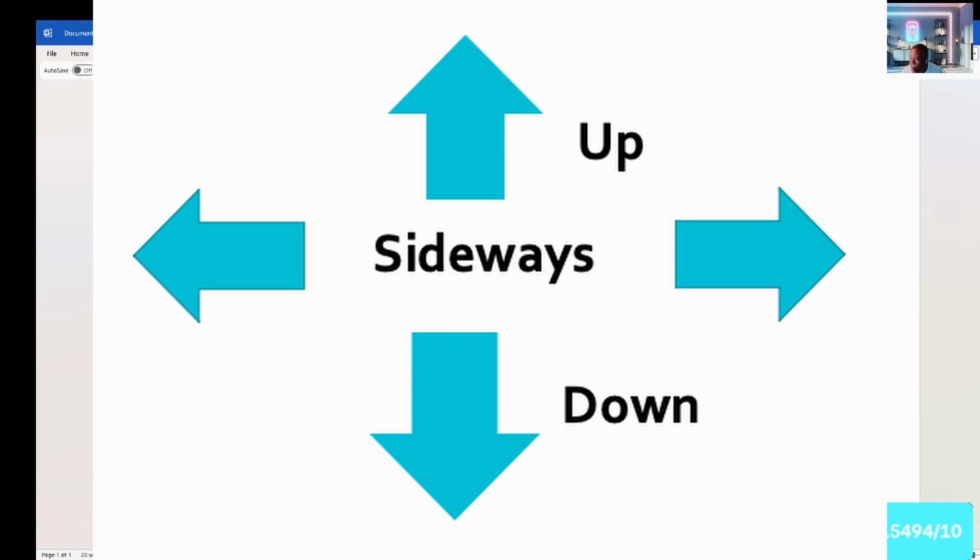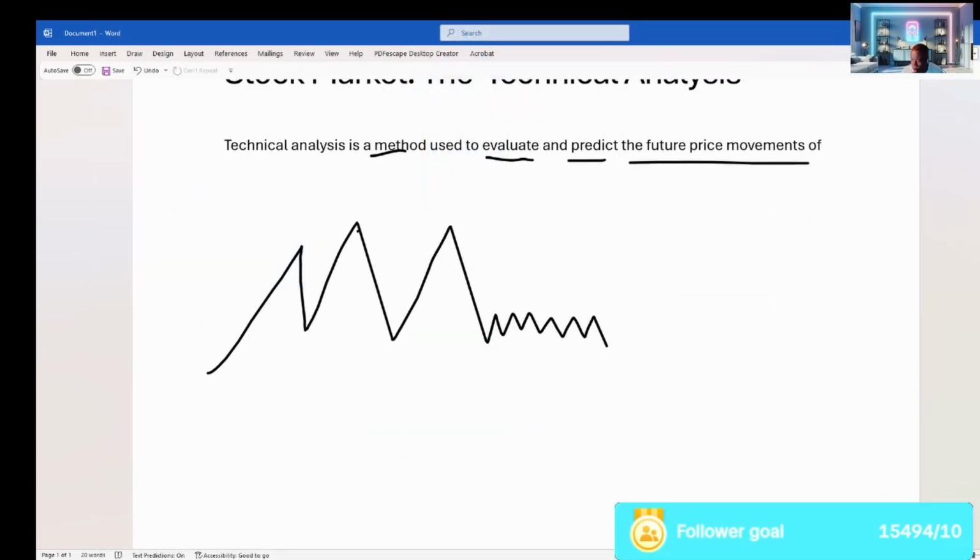Sometimes it goes sideways, and sometimes it moves lower and breaks. Sometimes we have something called support. We can mark a support here. Let's just call this one support. We go back and create support.